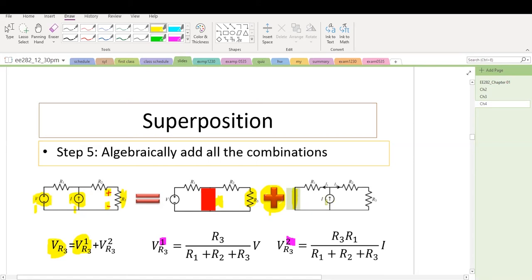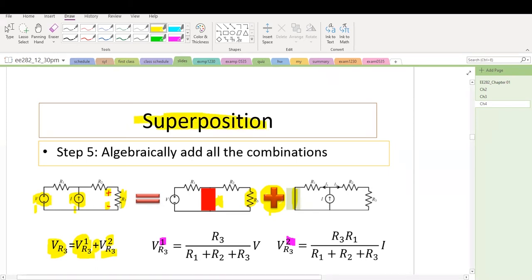There is only one source, the current source acting, and we obtain VR32. That's part 2. Notice that this is not VR3 squared. It doesn't mean squared in this case. And then VR3 equals these two parts added together. This is the meaning of superposition.